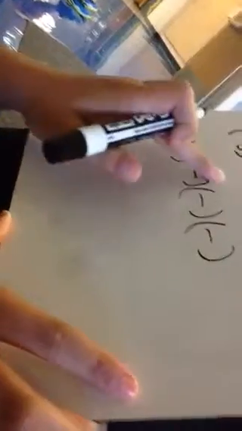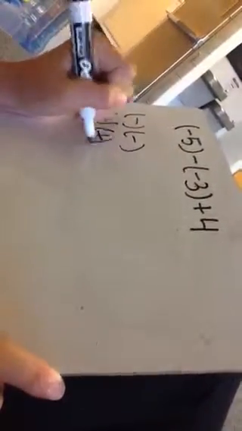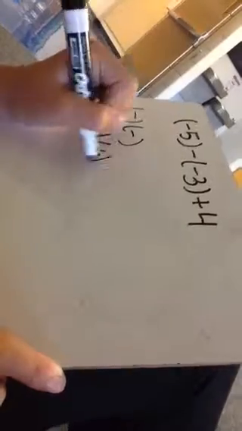In this case you would subtract 3 of them, so erase 3. And then you're adding a +4, so put positives under the negatives. And so basically those cancel each other out.